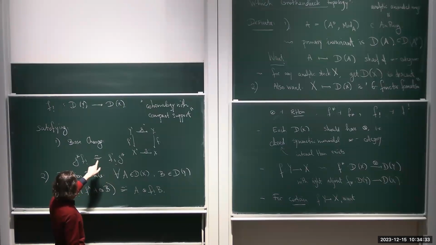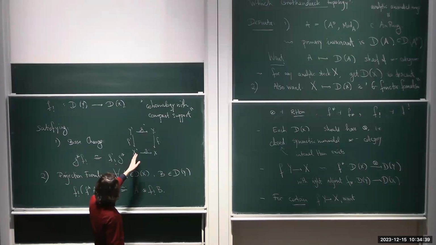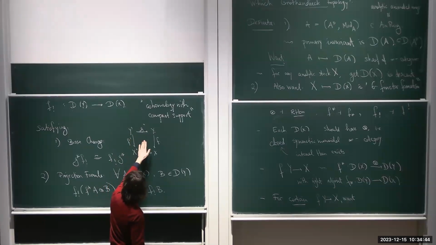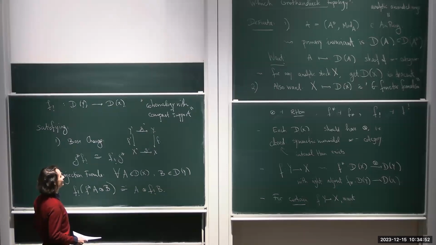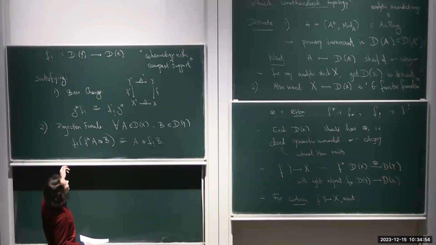So you have to supply this isomorphism. But once you start supplying this isomorphism, then you run into trouble because now you can base change twice. And then there's a comparison isomorphism here, a comparison isomorphism here, and one for the composite. Well, of course, you would hope that they commute, but then you start to wonder how many different such things you can write down and which kind of compatibilities you have to enforce.